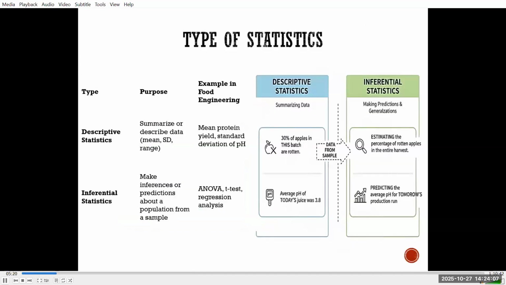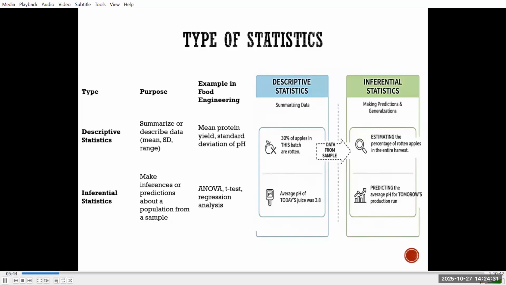Then we'll come to the types of statistics. Let's talk about two main branches of statistics. One is descriptive statistics and another is inferential statistics. Descriptive statistics are used to summarize your data, like mean, median, mode, variance, and standard deviation.